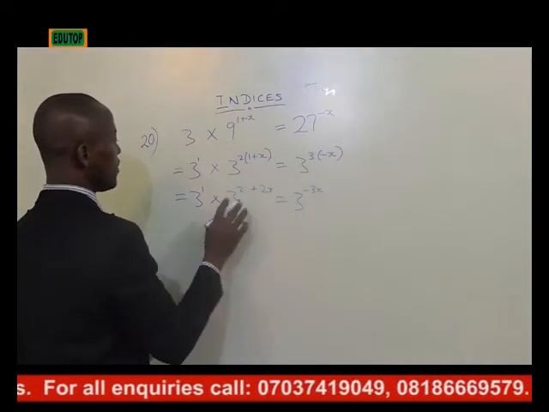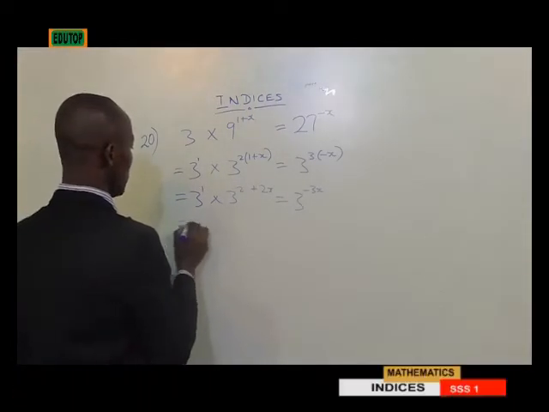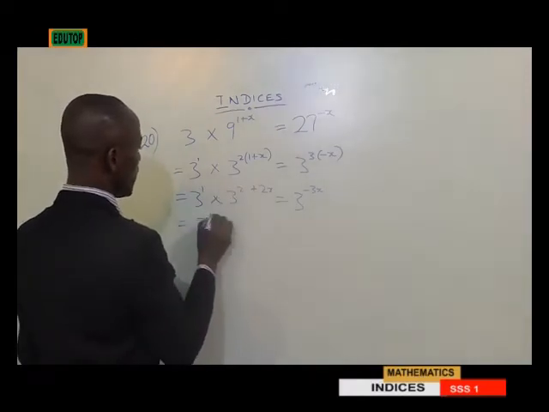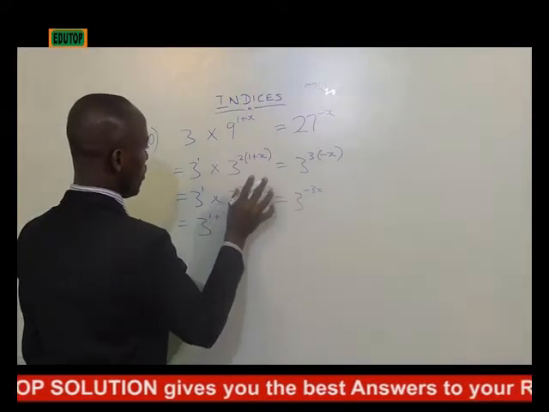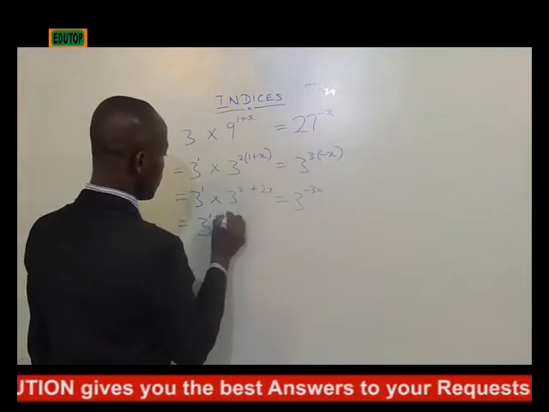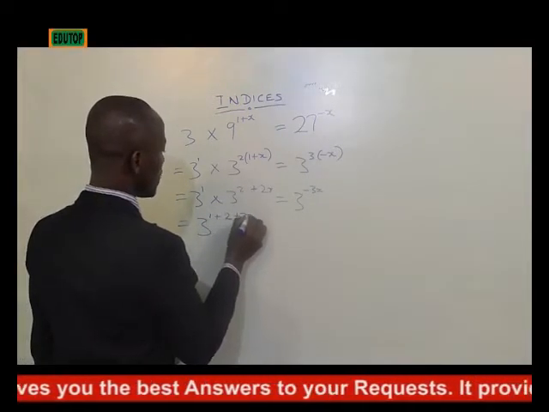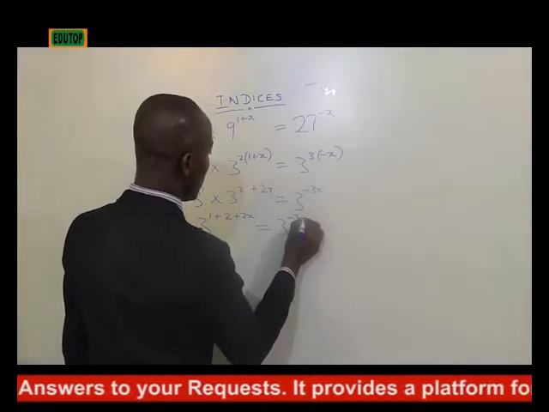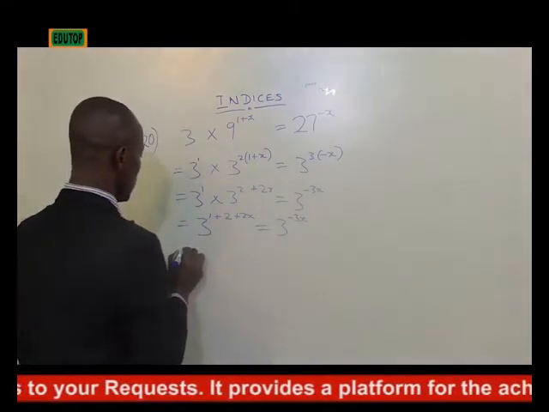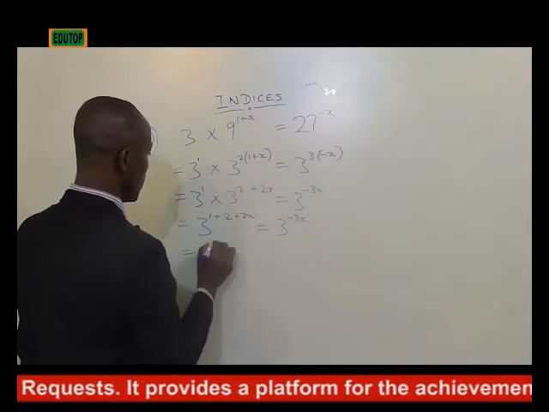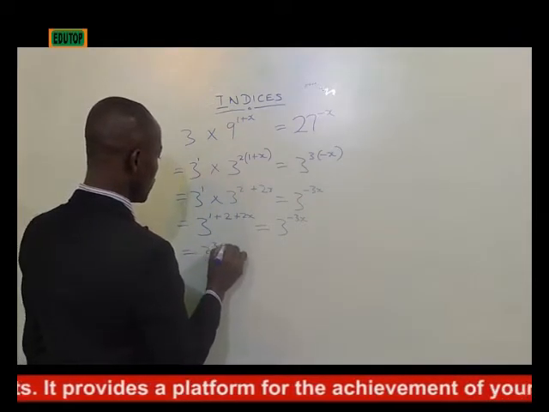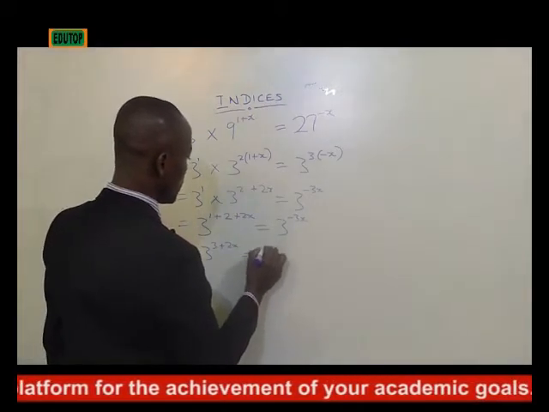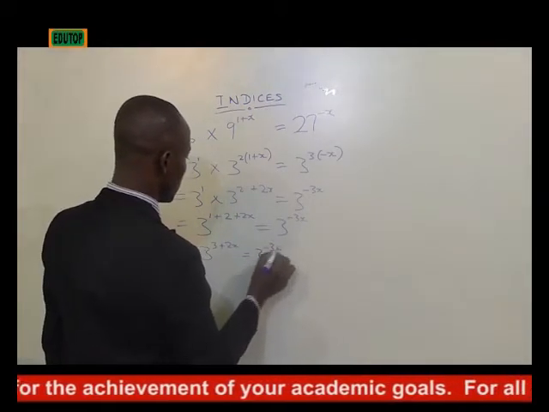So what we just have is 3 raised to power 1, since we are multiplying, we add the powers, plus what we have in here, that will be plus 2 plus 2x is equal to 3 raised to power minus 3x, which is equal to 3 raised to power 3 plus 2x is equal to 3 raised to power minus 3x.